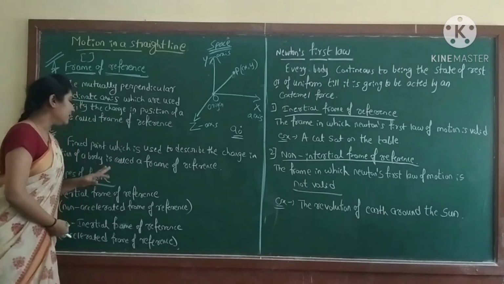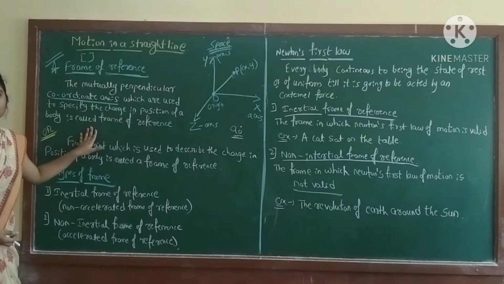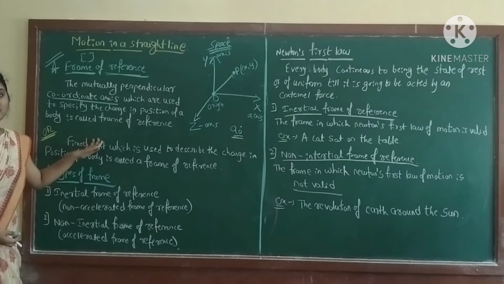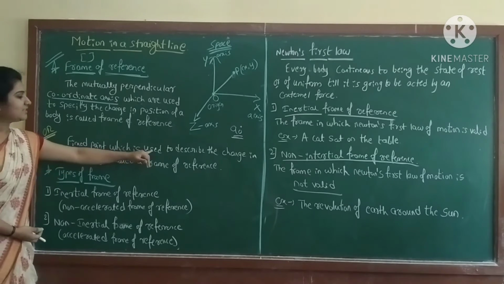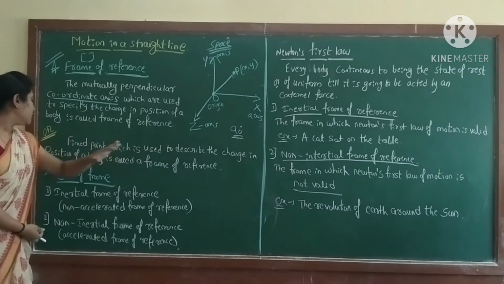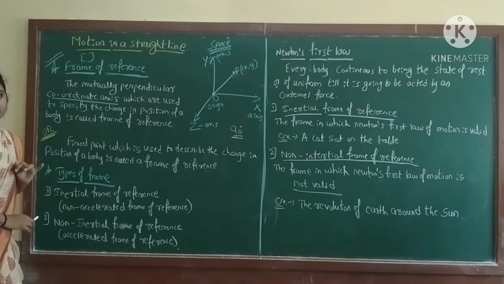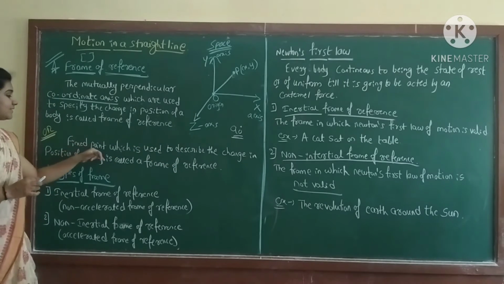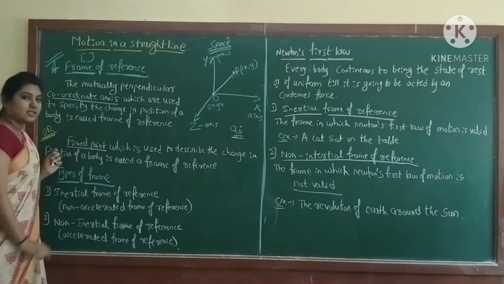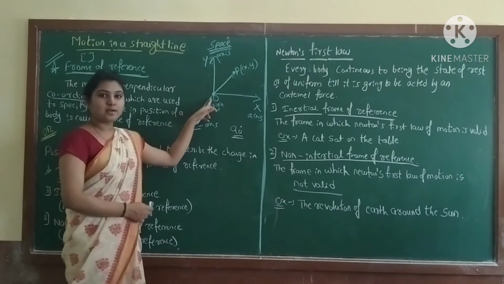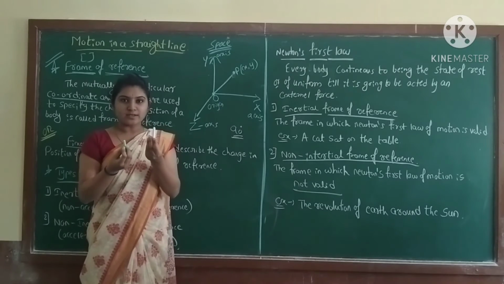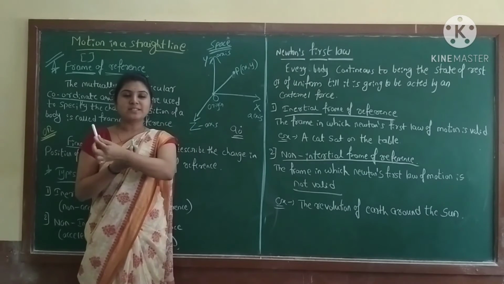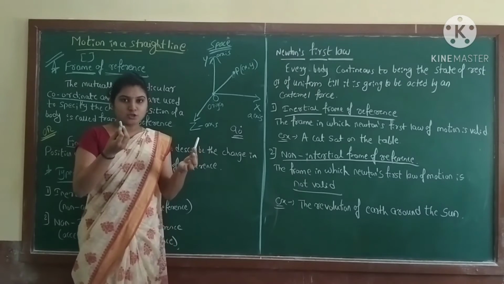Understood? Then see here, one more definition they have given for the frame of reference. What is that? A fixed point which is used to describe the change in the position of a body. What do they say? Fixed point. See here, O is a fixed point. Here the chopis does not change, this is the fixed point. Only this white chopis is changing its position.